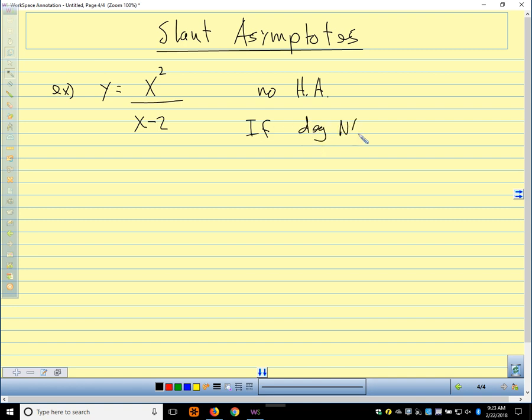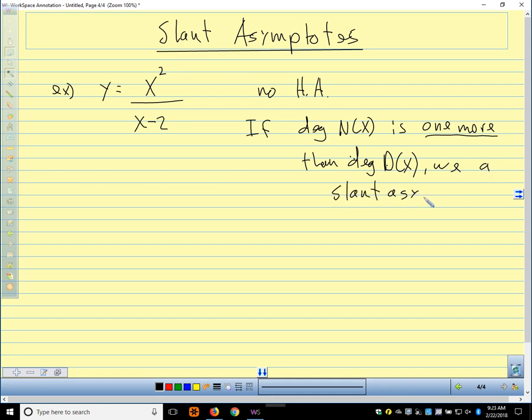If the degree of n of x is 1 more than the degree of d of x, we have a slant asymptote. So we don't have a horizontal asymptote, but our asymptote slants.